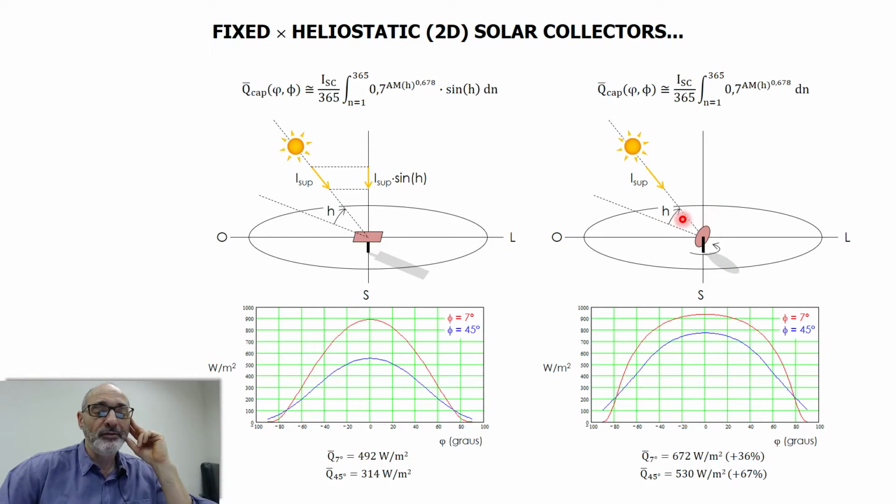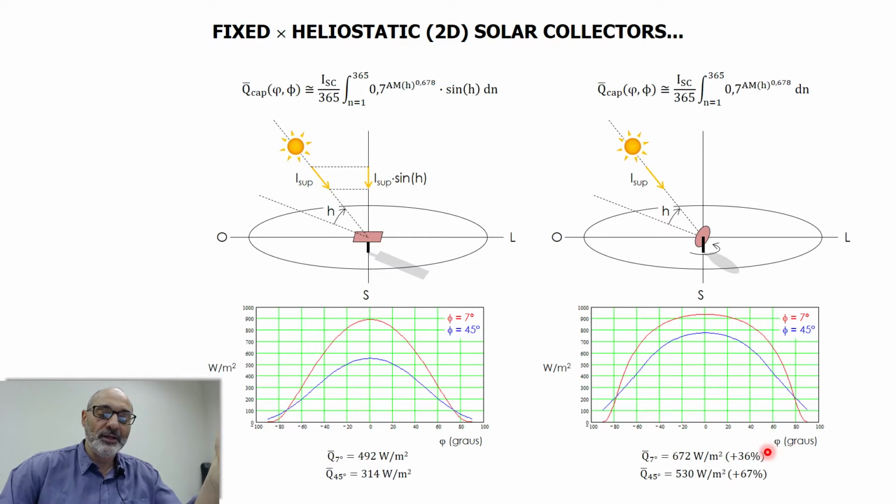And this is for a heliostat. We don't have to project because it corrects the position. It corrects for h, so we don't have to multiply by sine of h here. And we get this red curve here for Piauí and this one for 45, just for comparison. Actually, the average number we get with this kind of mirrors, they are more expensive, of course, but you have 36% more energy in Piauí.